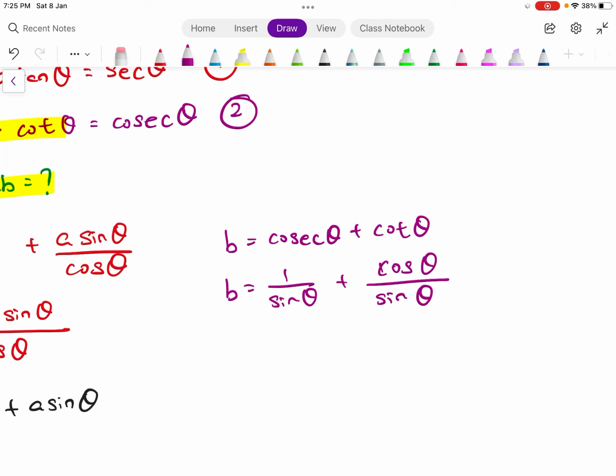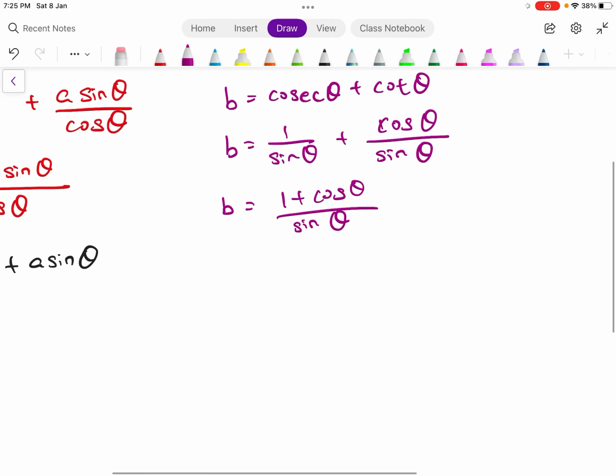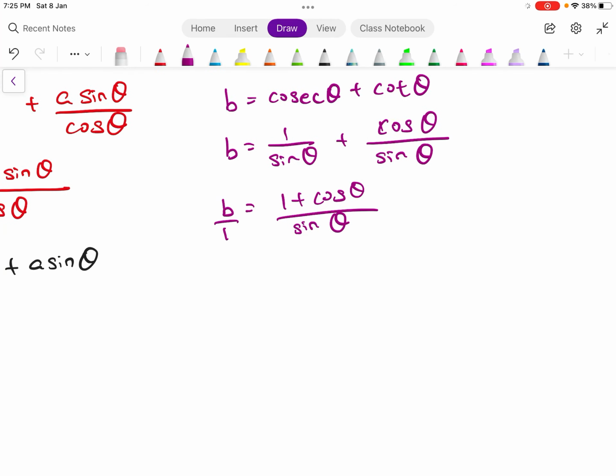Now I combine them together, so you get B equal to 1 plus cosine theta over sine theta. Of course, the next thing is to do my crisscross, so you will get B sine theta equal to 1 plus cosine theta.